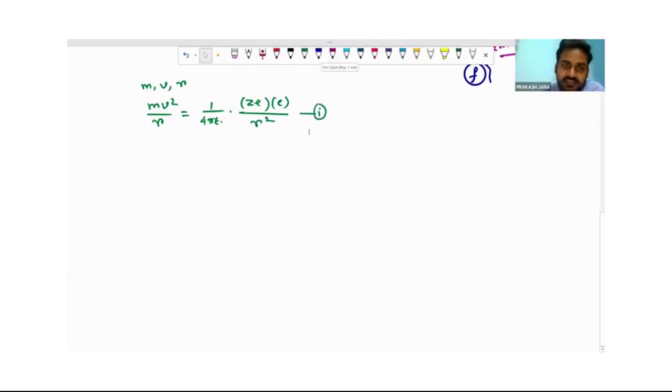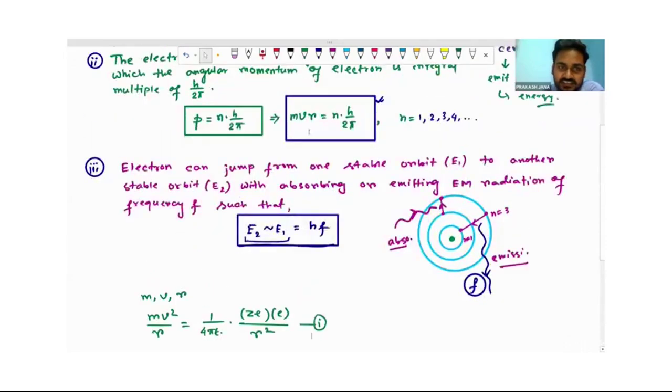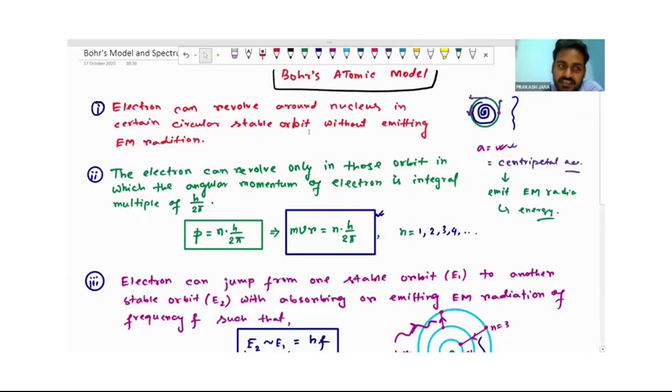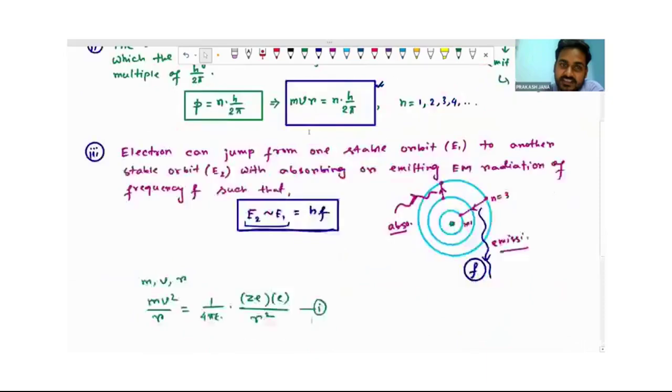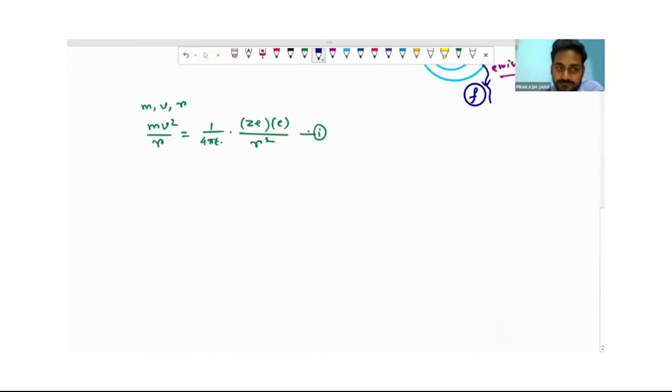The other equation we can write, nothing but the mathematical form of the second postulate, is mvr equals n times h by 2 pi. So by solving these two equations 1 and 2, we can get the value of the speed with which the electron is revolving.